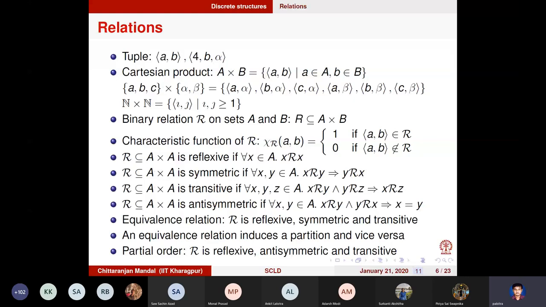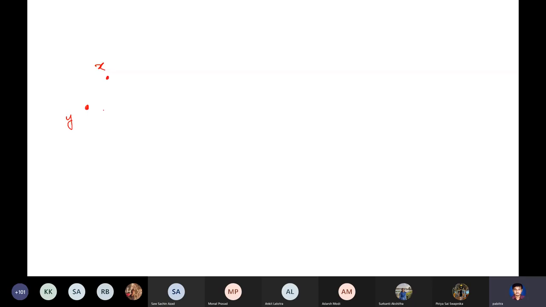Let us look at what it means in terms of the diagram that we had drawn. Again, let's take three elements, x, y, z. Let's take a relation R denoted by an arrow.